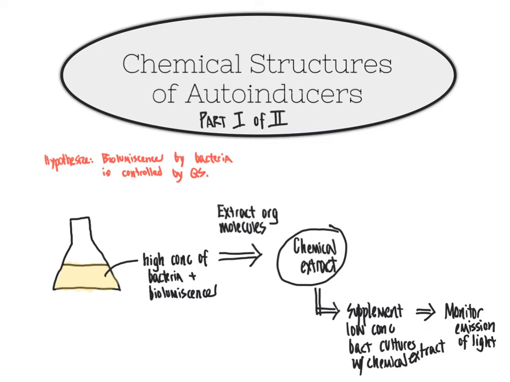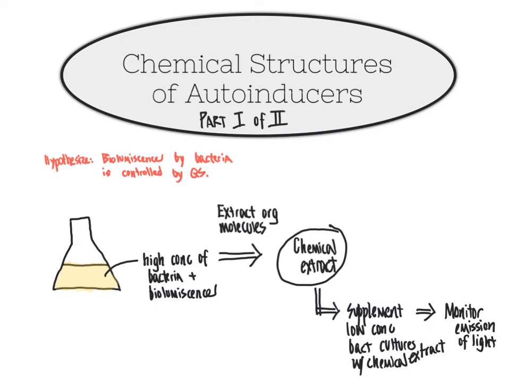And assuming that our treatment samples that were supplemented with the chemical extract emitted light in greater quantities than control cultures that were lacking chemical extract, that would indicate to us that that chemical extract contained an autoinducer.